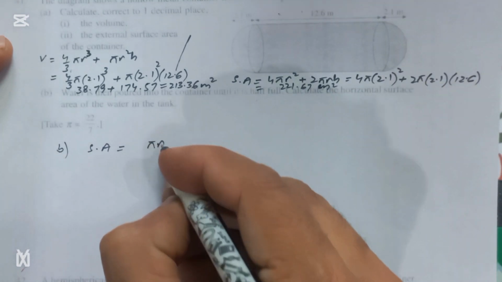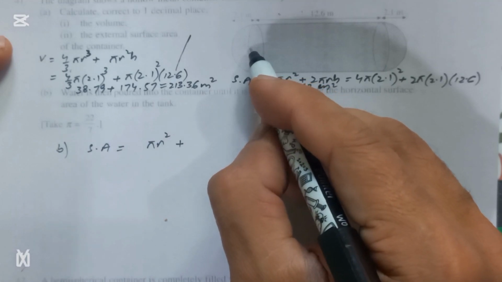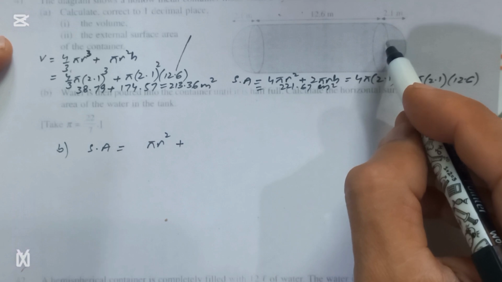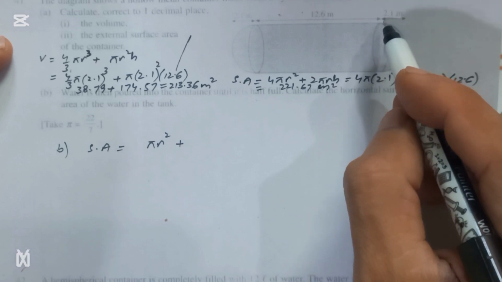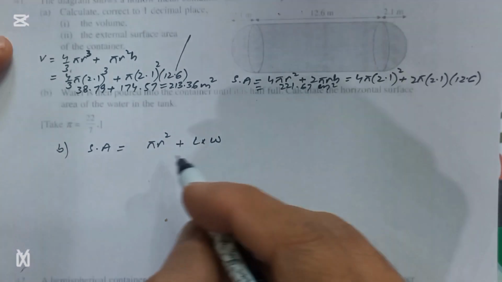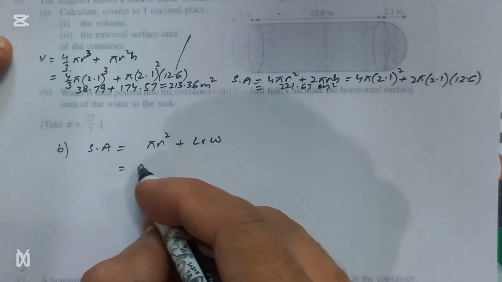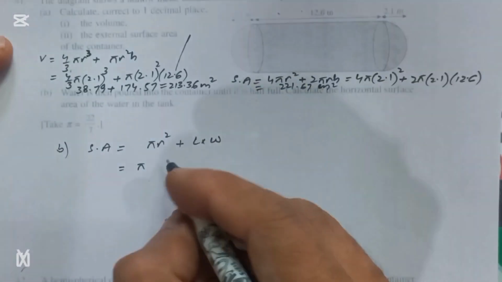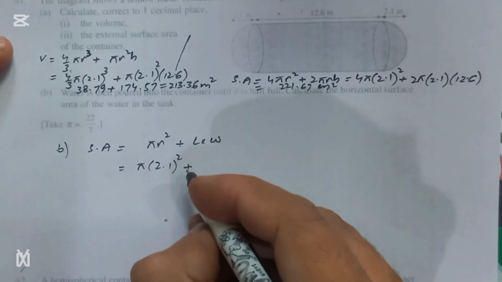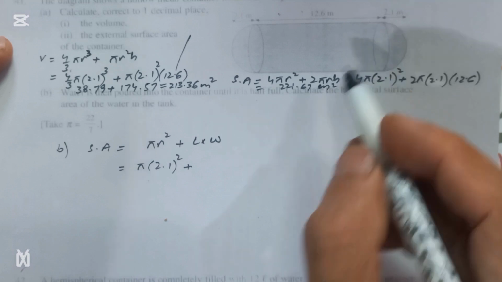So in total there will be a full circle, and in between there will be a rectangle whose length will be 12.6 and width will be 4.2. So this will be the formula used. Now apply the values in the formula. Pi will remain as it is. Radius is 2.1, which will be squared. Length of the rectangle will be 12.6.